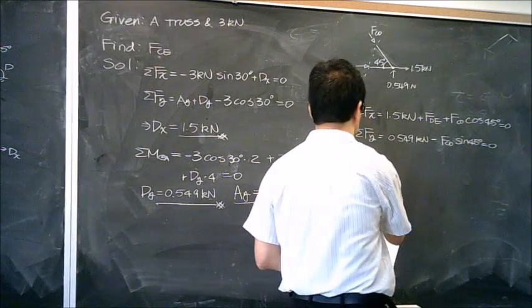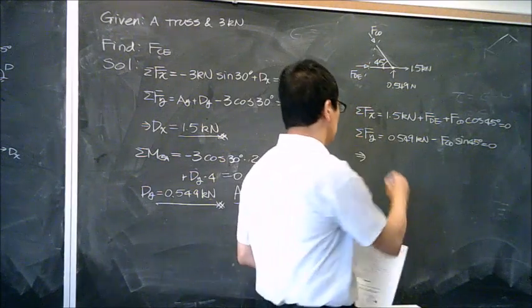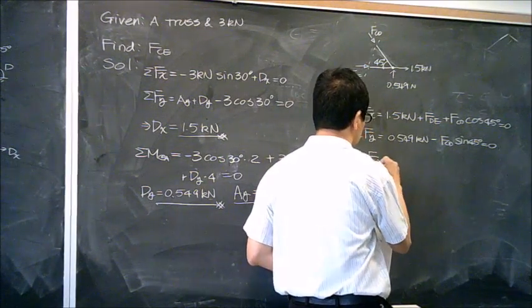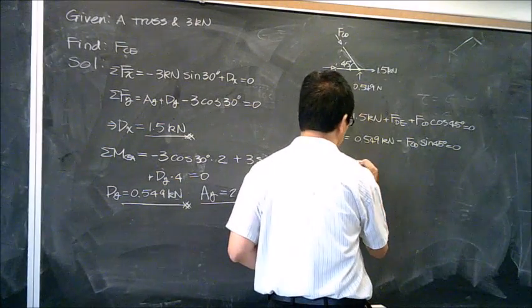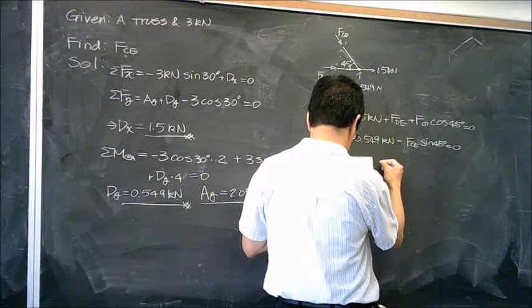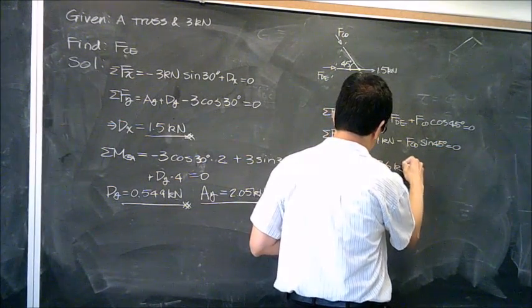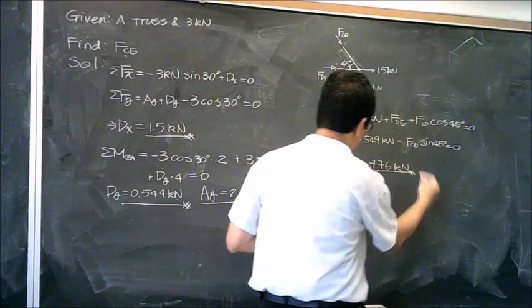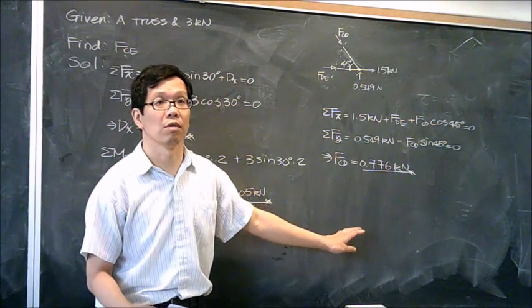So in this case, we don't really care about the FCD. That's something you guys do in your quiz, right? So if you do that, what do I have over here? That's the second part of your quiz.